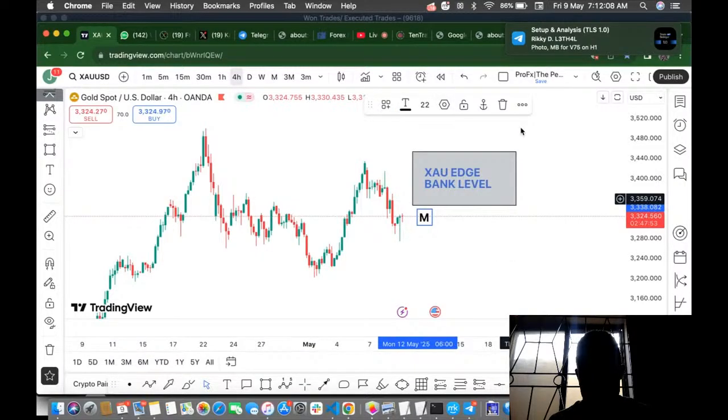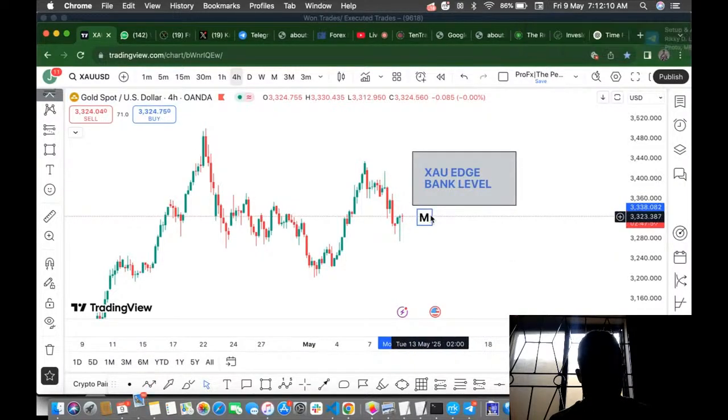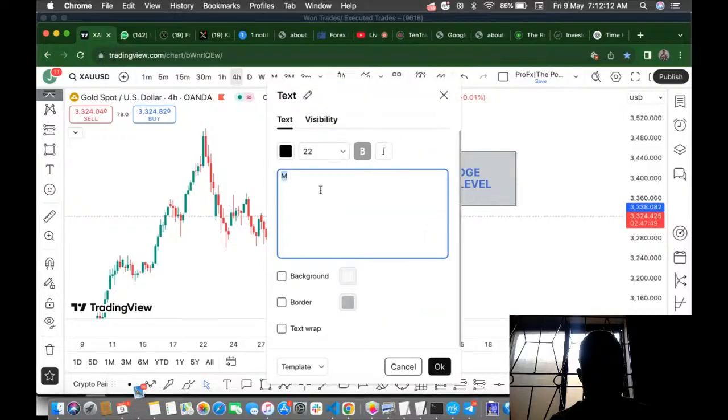So two things. Bank level will help you what? Maximize profit, and what? Increase win rate. Write this in the chat box: maximize profits, increase win rate.